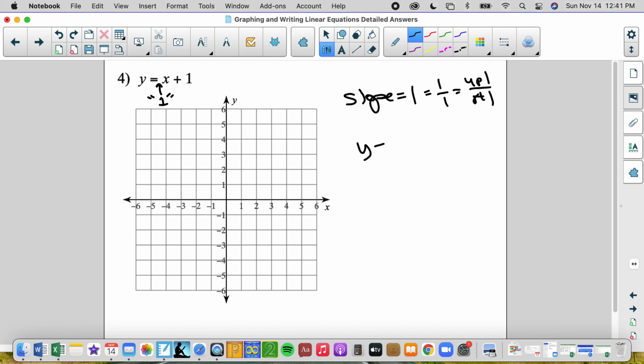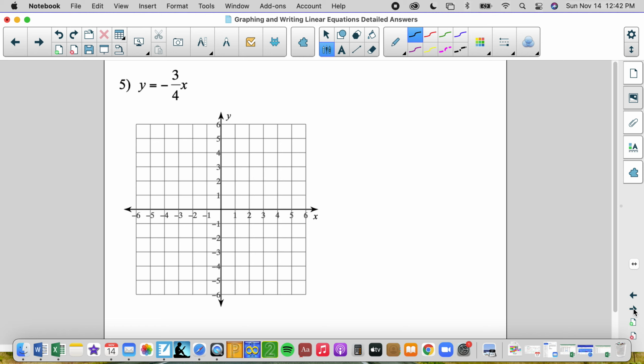We have a y-intercept of 1. Lots of 1s here. So across this y-axis, up 1, right 1, up 1, right 1. These should actually be the 3 points that everybody gets: 0, 1, then 1, 2, and 2, 3. Those are my 3 points.